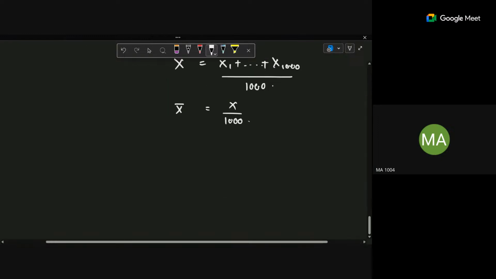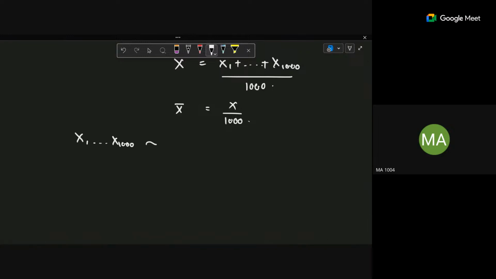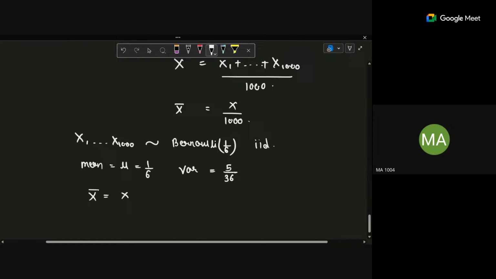So now I have 1000 random variables which are IID with probability 1 by 6, mean mu equal to 1 by 6 and variance equal to 5 by 36, and x bar is nothing but x by 1000.